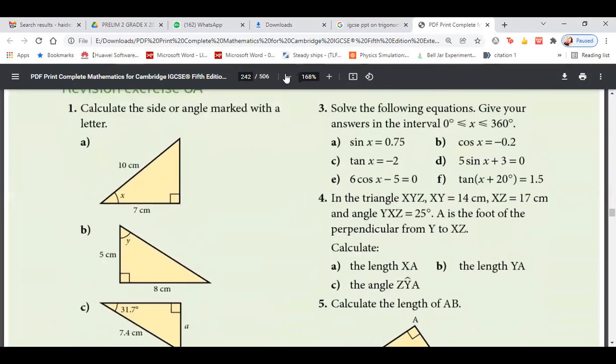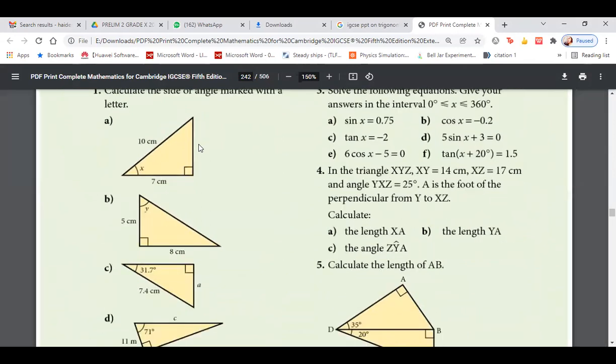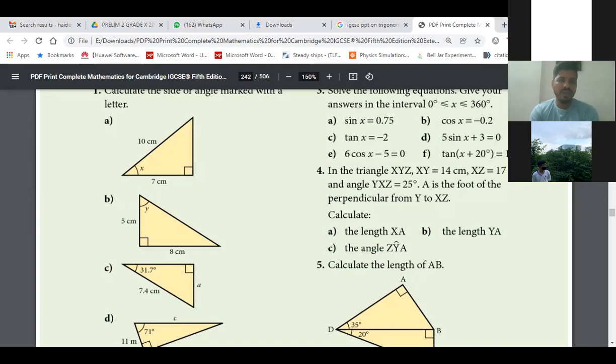If I give you a question and a value to find, do it quickly. Question number 1, A, B and C is not clearly visible. Within the next 3 minutes, quickly. If you don't want to write, if you want to do it orally, that is still fine. If you want to type answers and send, that is also fine.